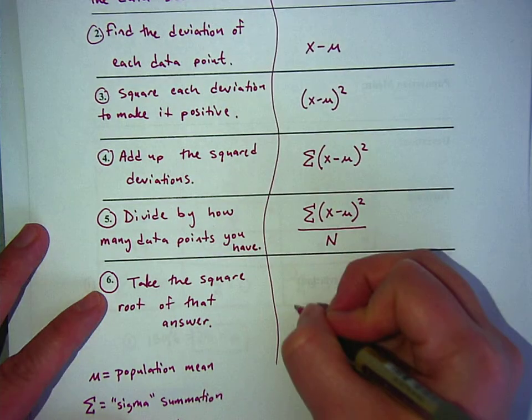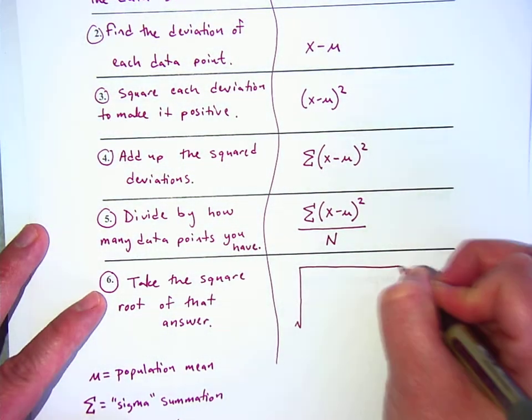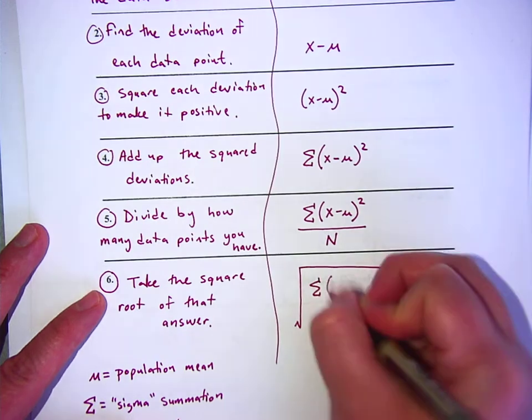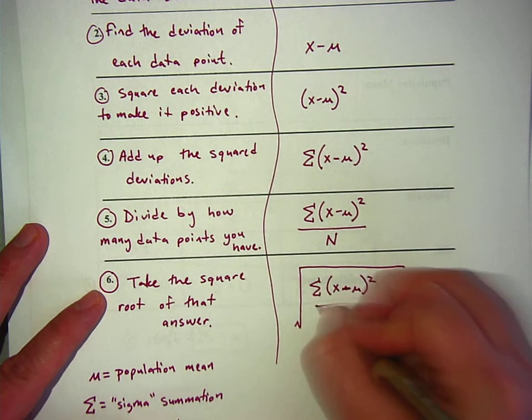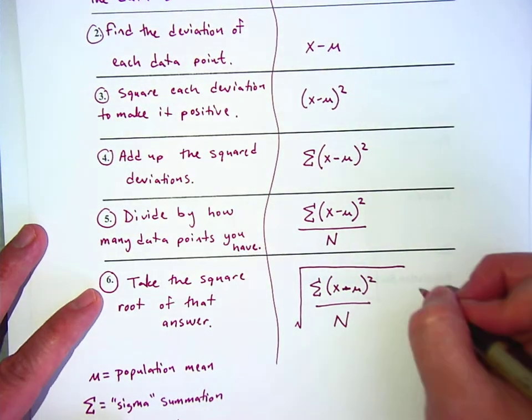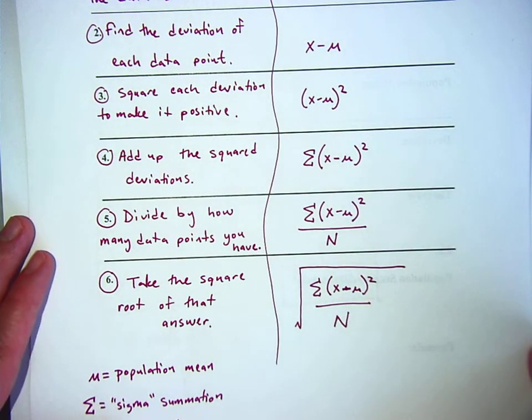Which is a big square root over the summation of the (x minus mu) squareds divided by n. And that is standard deviation.